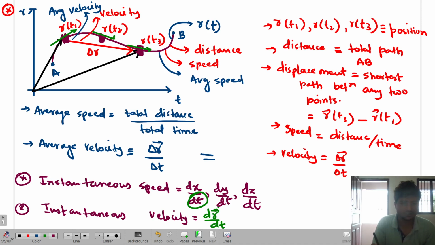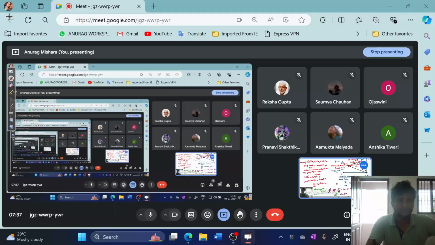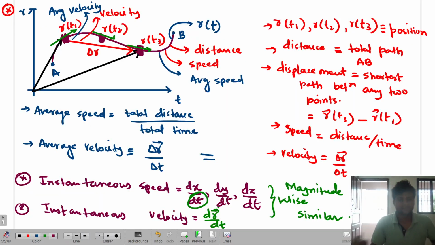So can you say that instantaneous speed and instantaneous velocity in magnitude, in terms of magnitude, they are the same, because both are defined for the infinitesimal time interval where we do not know what positions they are traveling. Can you understand or not? Is this clear, guys? That instantaneous speed and instantaneous velocity, in terms of magnitude, they are similar terms.